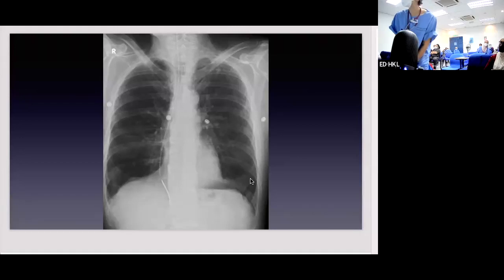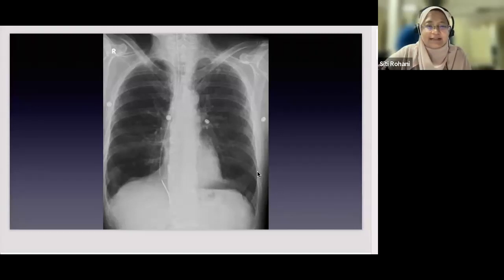Is there a consolidation at the left lower zone? Okay, we think there's consolidation there. Have you done all your line checks before you go to the other systematic review?